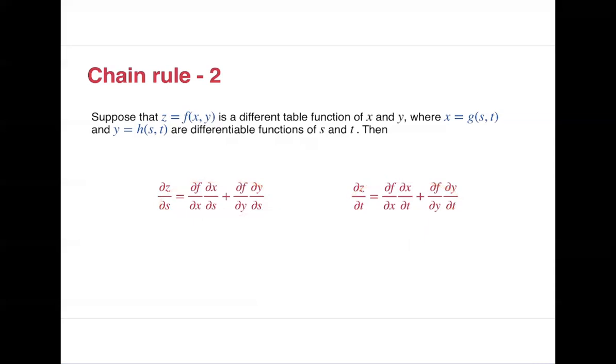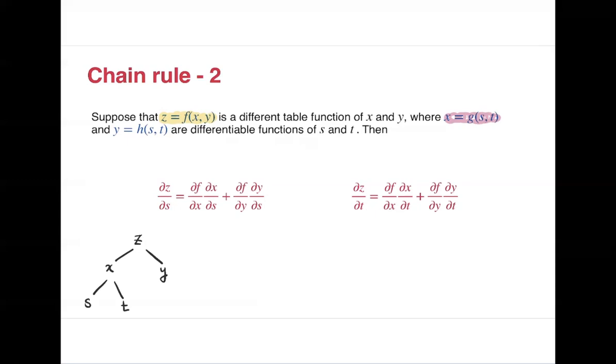But if it is difficult to remember this formula, then you can just think about the tree diagram. Z is a function of x and y, okay? And x is a function of s and t.